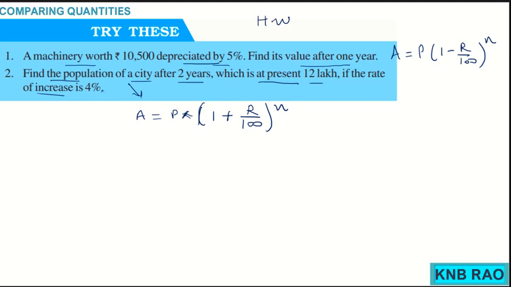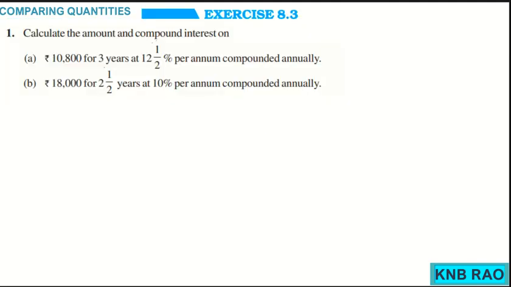Now, moving further to the exercise 8.3. In the exercise 8.3, question number 1 contains 5 sub questions, that is A, B, C, D and E. In that, I am going to teach you A and B. In this, I will teach B, and in C, D, E, I will teach any one.